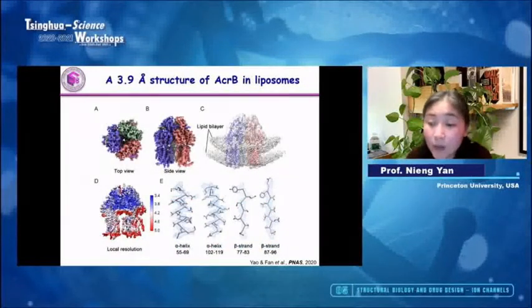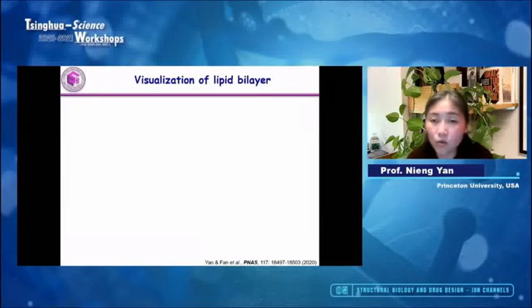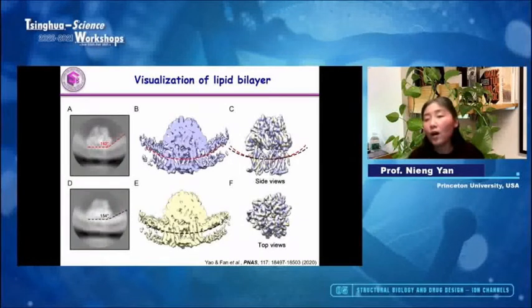We used AcrB as a prototypical protein. The reported structure in that paper was 3.8 angstrom, but now it can reach 3.0 angstrom. The advantage is we can even observe the curvature of the membrane.